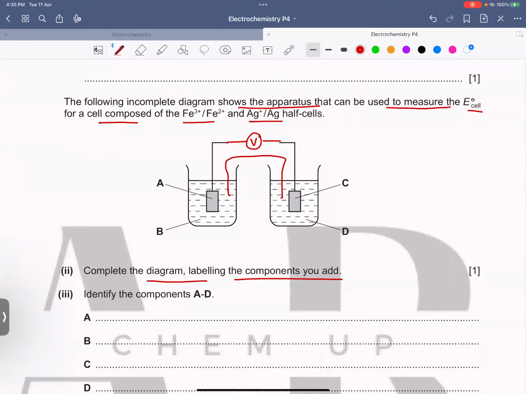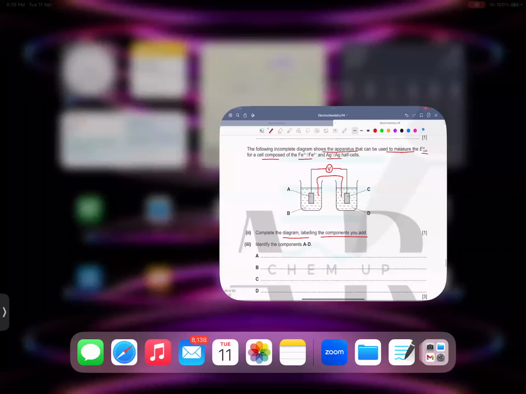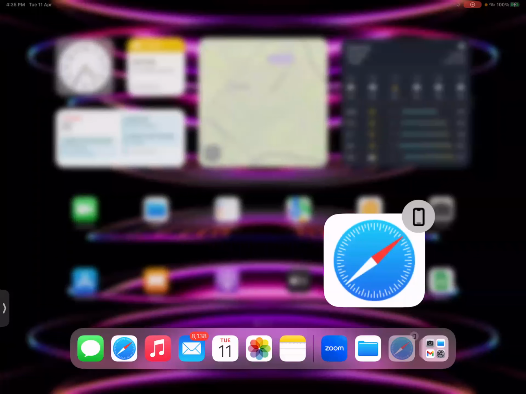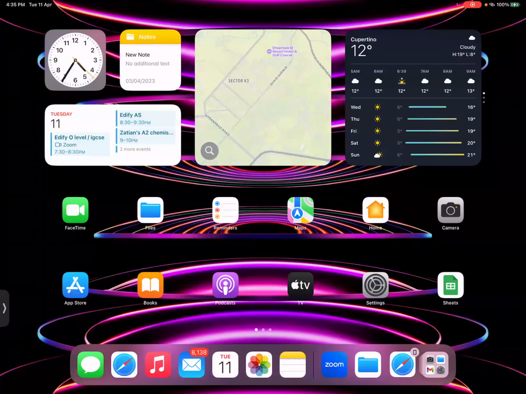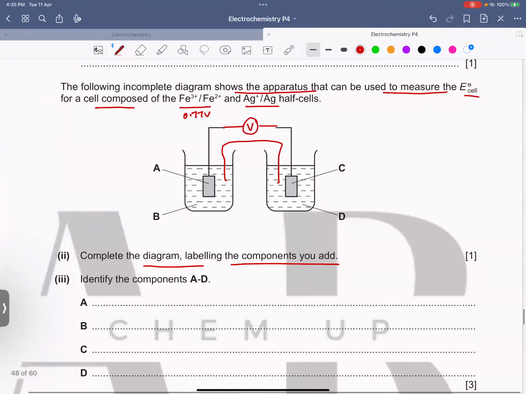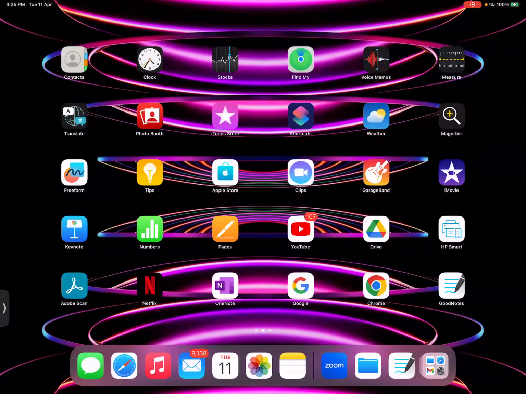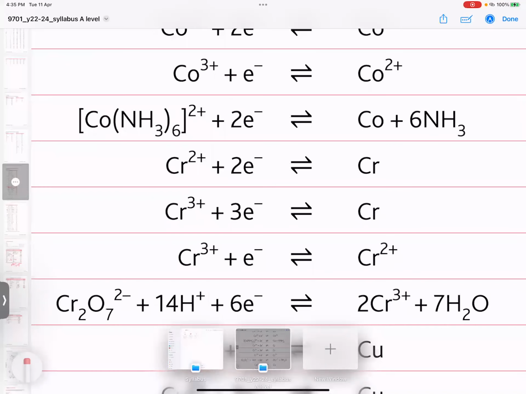The incomplete diagram shows this. Okay, I'll tell you one more thing. First look at their values. I think this value everybody can easily recall. It's 0.77 volt. Right? And here is the data for silver.